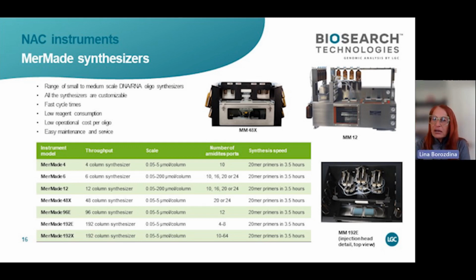All cycles for DNA, for example, a 20-mer primer, will take up to 3.5 hours total. It doesn't matter if you're making one oligo or 196 oligos. The speed is determined by how long it takes from the D block to the D block.